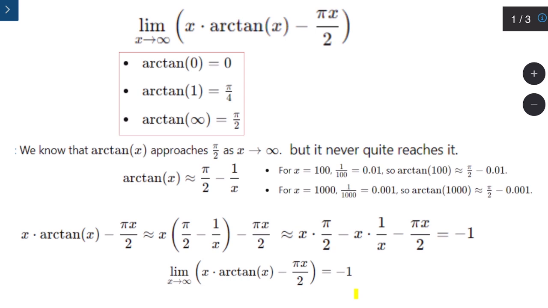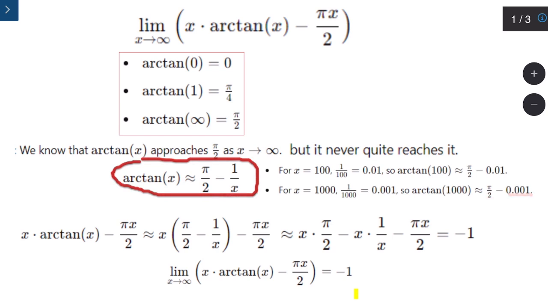If, for example, x goes to infinity, or to a very large number like 100, the arctan of 100 will give you pi over 2 minus a very tiny angle. And if you put the arctan of 1000, you will get pi over 2 minus 0.001, which is 1 over 1000. So instead of replacing arctan with pi over 2, we replace it with pi over 2 minus 1 over x.